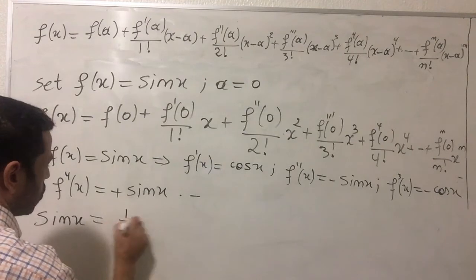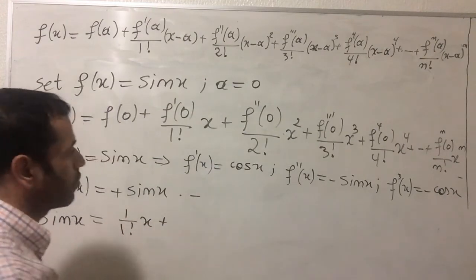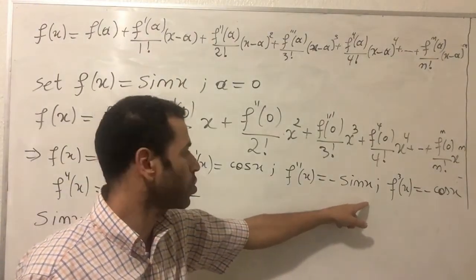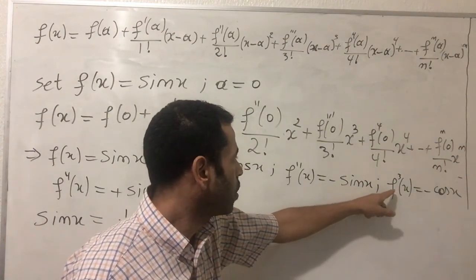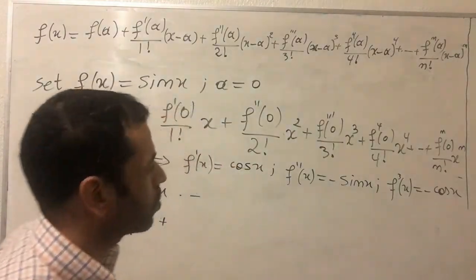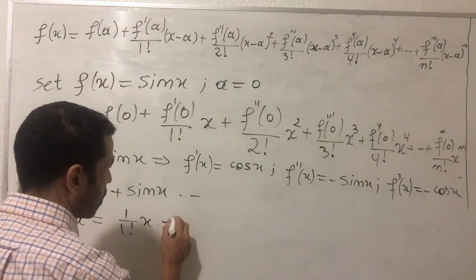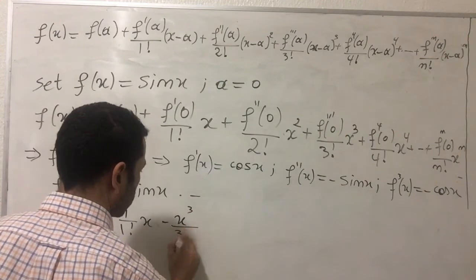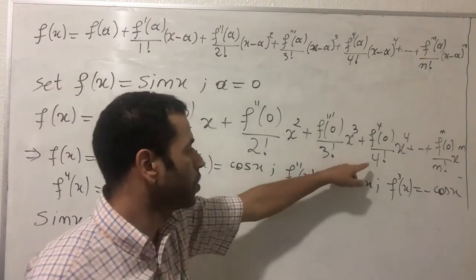I will have 1 over 1 factorial multiplied by x, plus the second derivative at 0, which is equal to 0, because sine of 0 equals 0. Moving on to the third derivative, f of 0: if you plug the number 0 into minus cosine, it gives you minus 1, which is minus x cubed over 3 factorial.